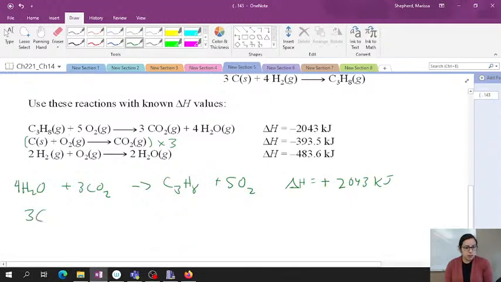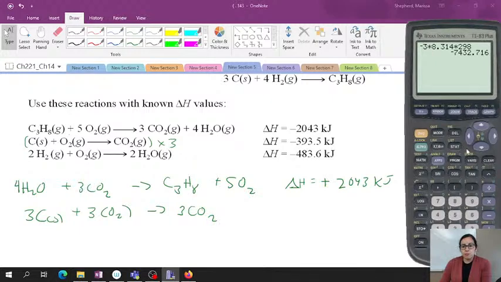So now 3 equivalents of carbon plus 3 equivalents of oxygen gives me 3 equivalents of CO2. And then if I multiplied that by 3, again, I don't want to forget my bookkeeping, so let's multiply our delta H by 3. So now we get that this process is equal to negative 1,180 kilojoules.